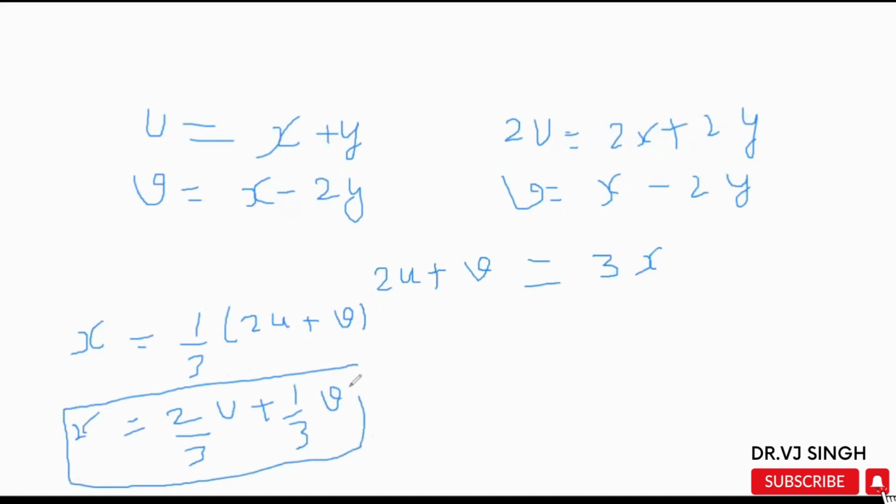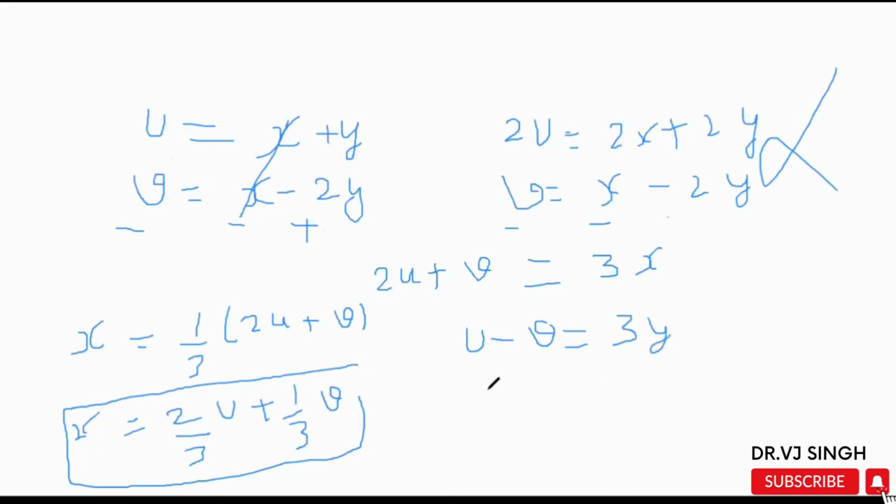Similarly, now simply subtract these two terms. When we subtract, the x terms cancel out, so it becomes u minus v equal to 3y, since y plus 2y is 3y.